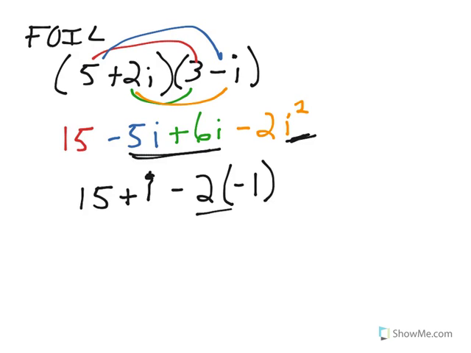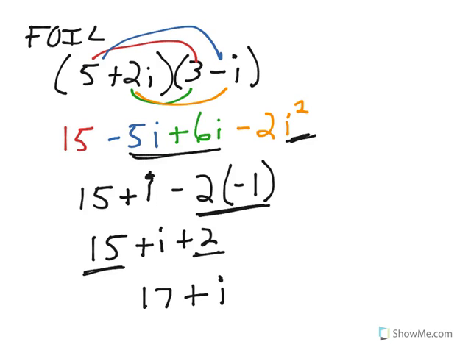So now we have negative 2 times negative 1, which is positive 2. 15 plus i plus 2. Combine our like terms, 15 plus 2, and we get 17 plus i. Remember to keep it in proper form. The real part first, the imaginary part second.